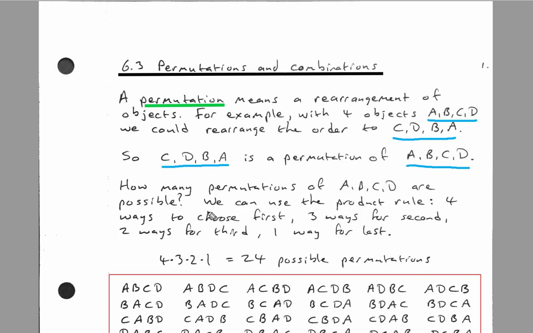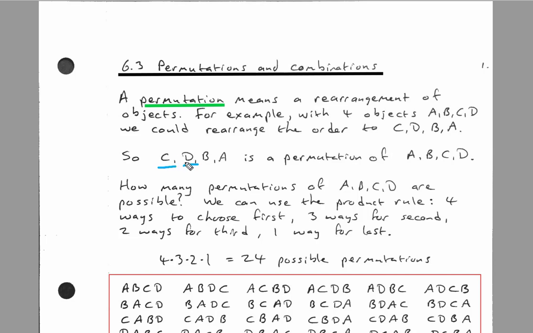How many ways? Well, we can use the product rule. So how do you rearrange things? Well, the first task is to figure out which of the four will we pick to go first? 4 ways to do that.